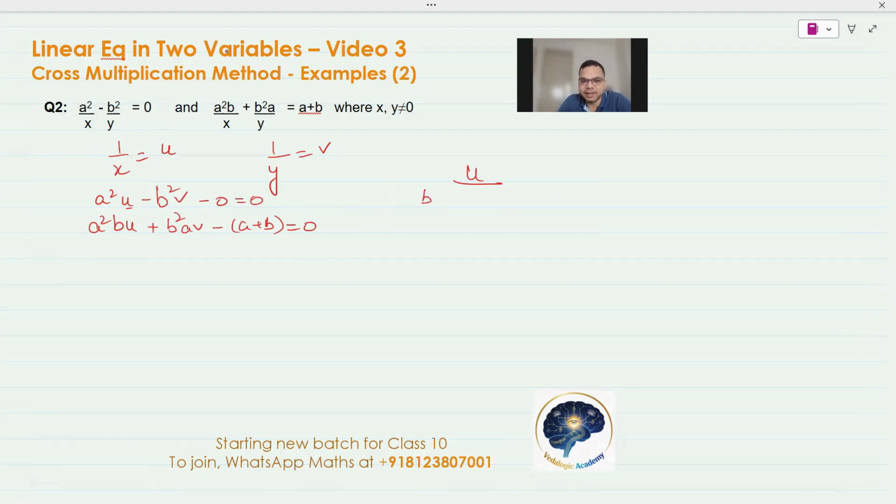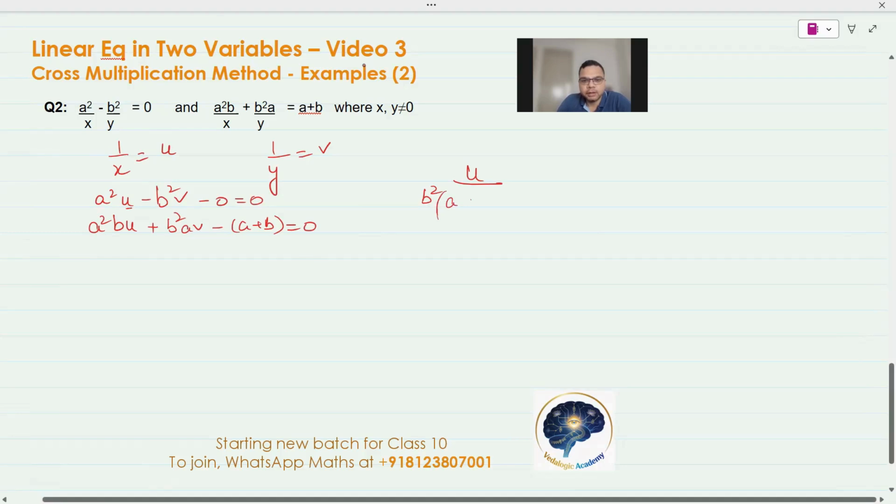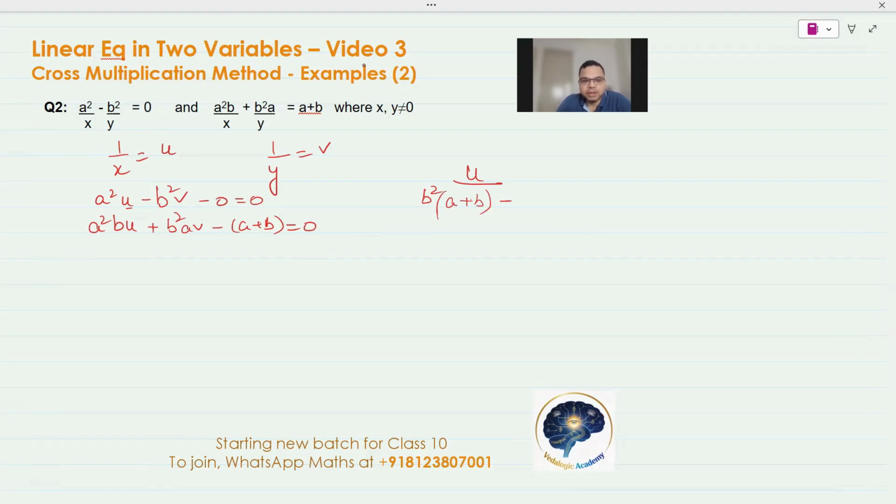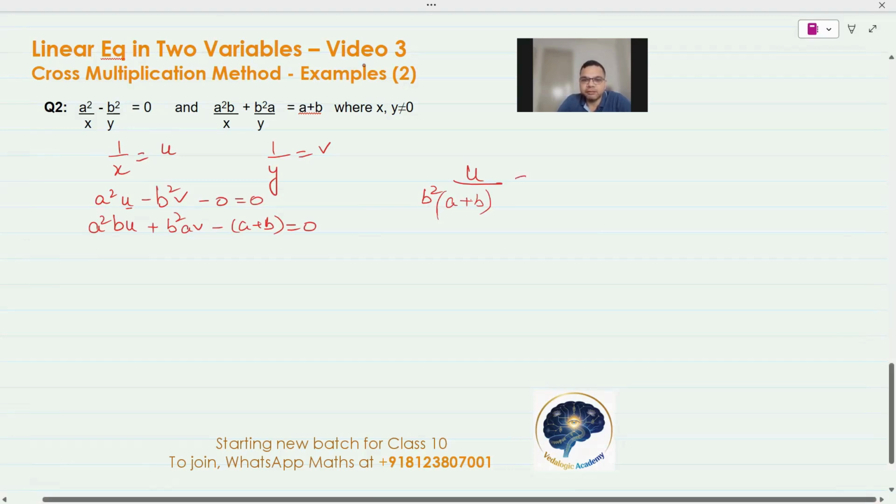So that gets cancelled and it becomes b square into a plus b. Minus b square a into 0 becomes 0, so I don't need to write anything here. I'll just leave it as is.